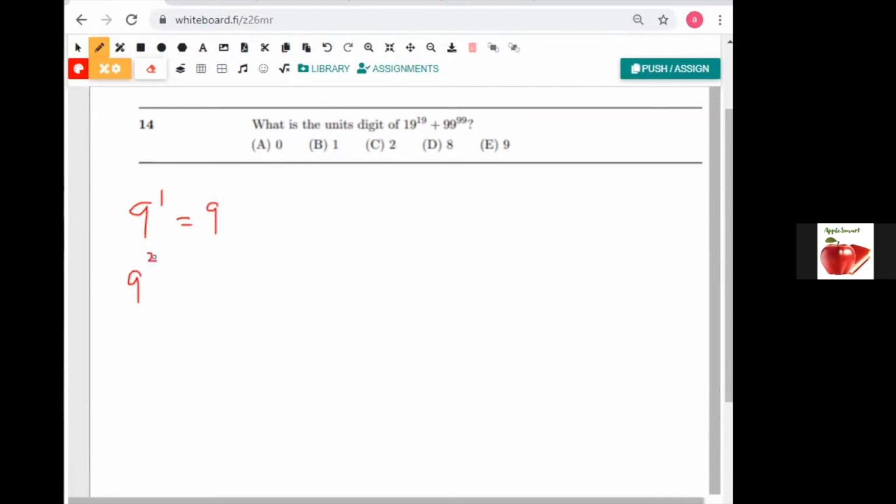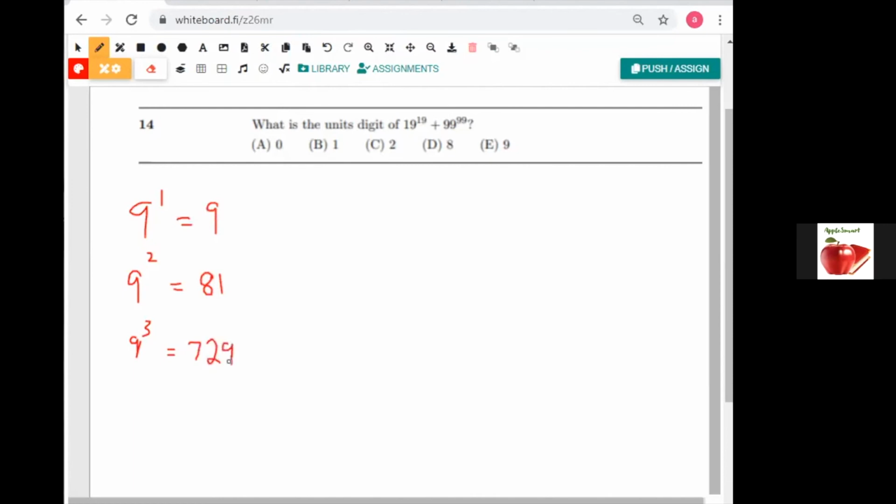In other words, 9 times 9. 81. What's 9 to the power 3? Anybody know what 9 times 9 is? 9 to the power 3. 729.